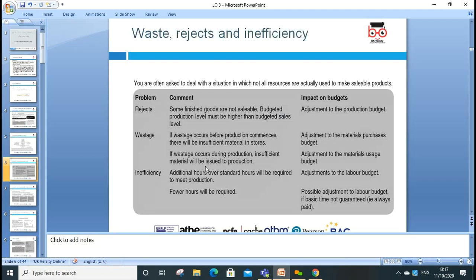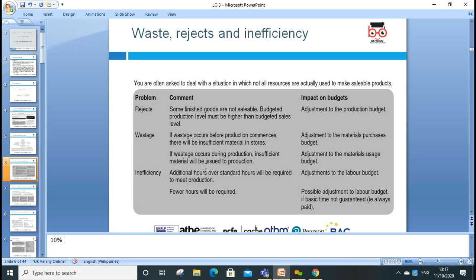Okay. Then when you prepare the budget, please always keep in mind that sometimes a product can be rejected, some finished goods, because some products are faulty. You need to make sure you produce more than that. If we say 10% of our production goods are faulty, you need to make 110, not 100, to meet the demand. The demand is 100 there.